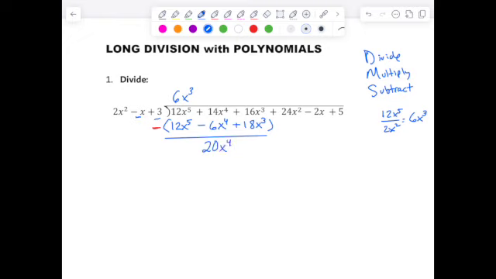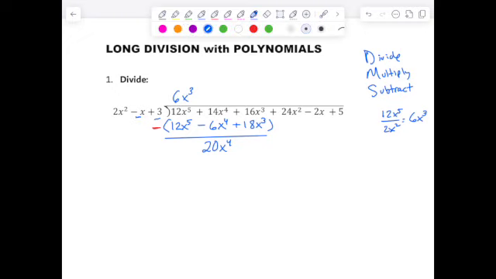And this is a matter of personal preference. I've even done it different ways throughout my career. Some people leave the negative out here in their work with the parentheses, and some people actually just take the negative and distribute it, make that a plus, make that a negative, and that way they can just combine what's there. So you do what works for you, a little trial and error.